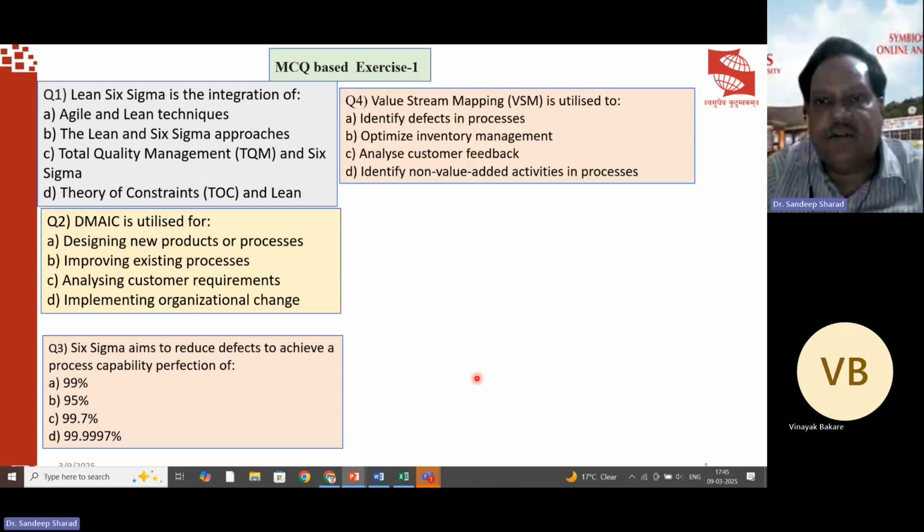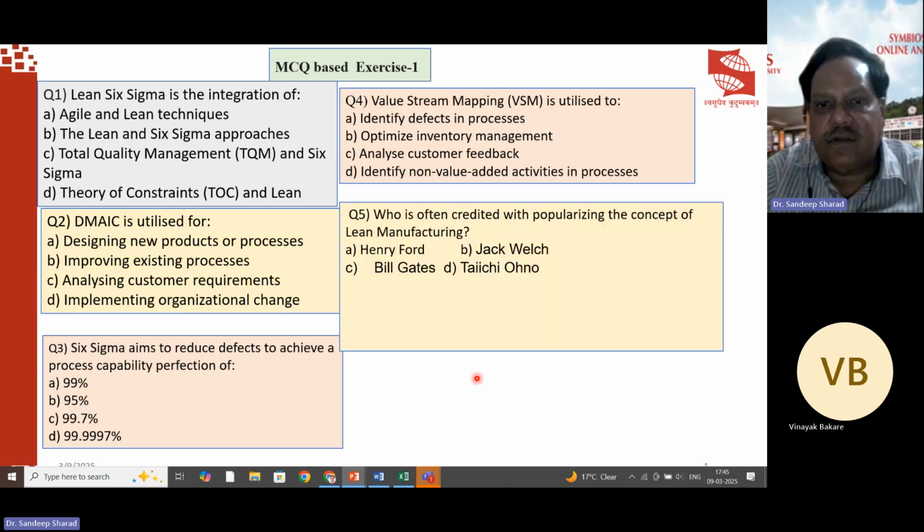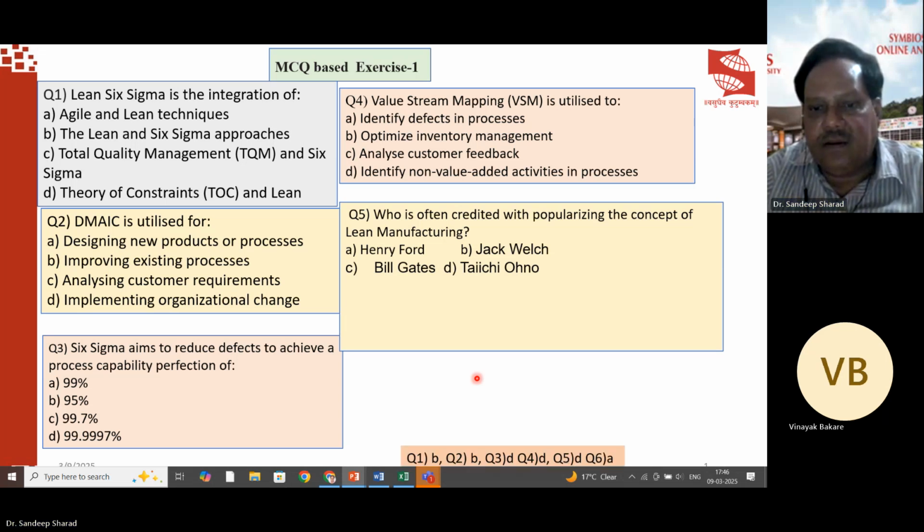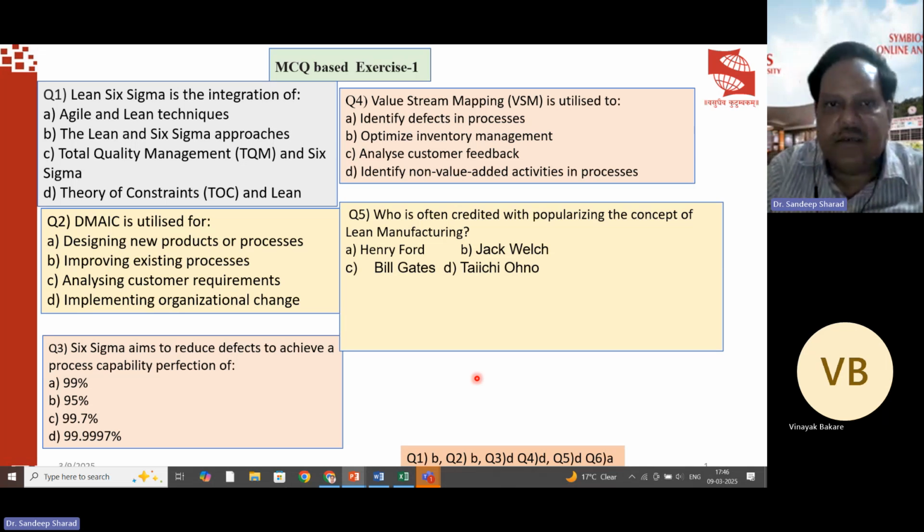Value stream mapping is utilized for identifying non-value added activities in the process. So identifying non-value added activities in the process is the correct answer. Who is often credited with popularizing the concept of lean manufacturing? Taiichi Ohno is the person. And the fifth is D. Yes, that is the correct answer.